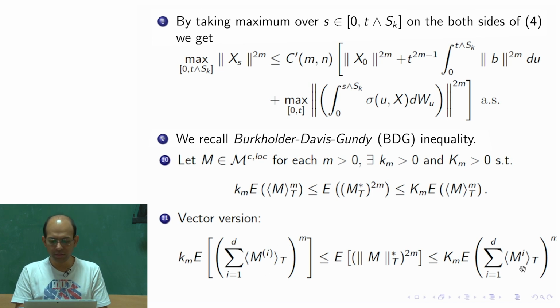And similarly on the right hand side we have this m, which is barely visible, but m is here, so it is also the same thing. So some constant multiple of this mth order moment of this random variable can bound the 2mth power moment of the maximum of the process.